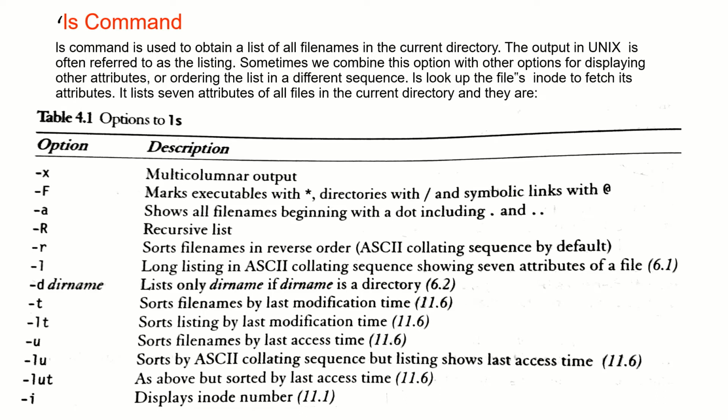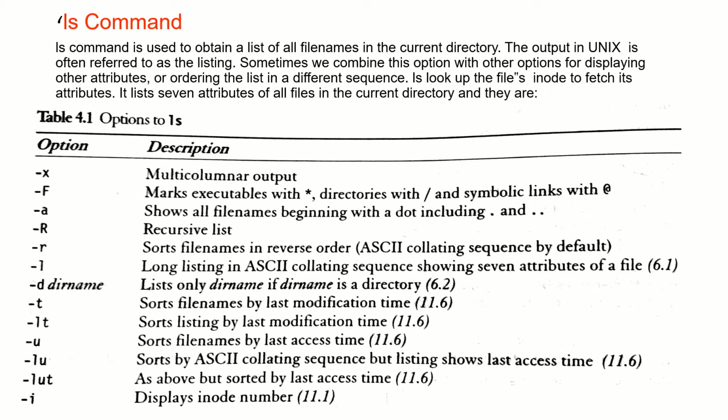Lowercase -r sorts files in reverse order, the default being ASCII collating sequence. ls -l displays a long listing in ASCII collating sequence, showing all 7 different fields of the files.